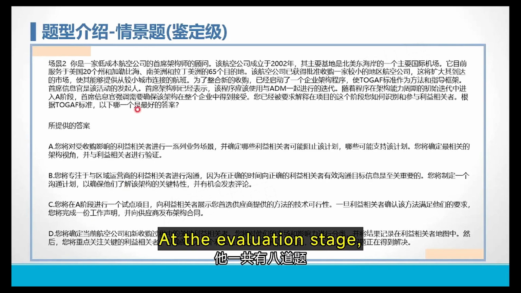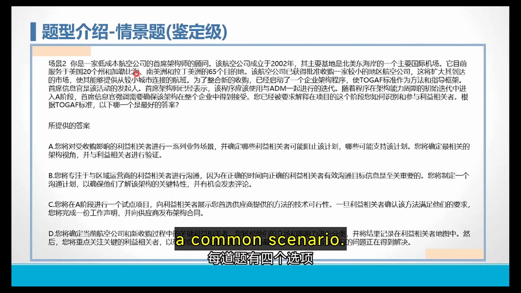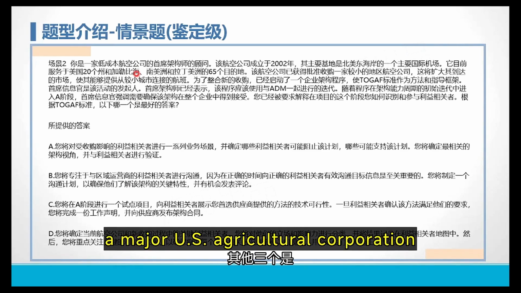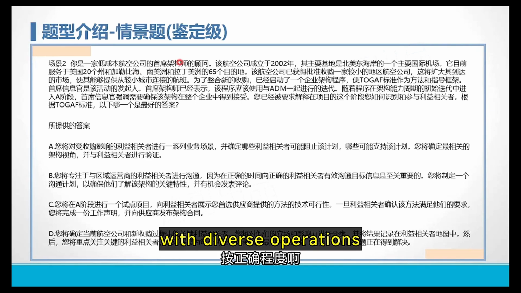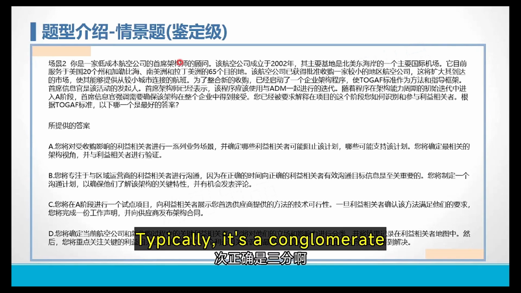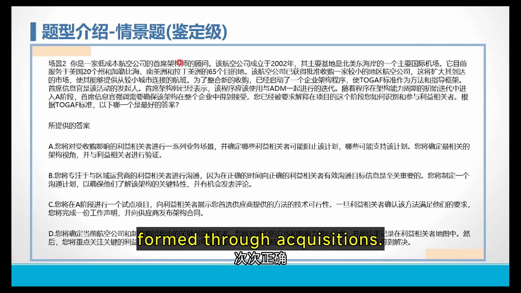At the evaluation stage, we typically encounter a common scenario. It usually involves a major U.S. agricultural corporation with diverse operations and a complex history. Typically, it's a conglomerate formed through acquisitions.